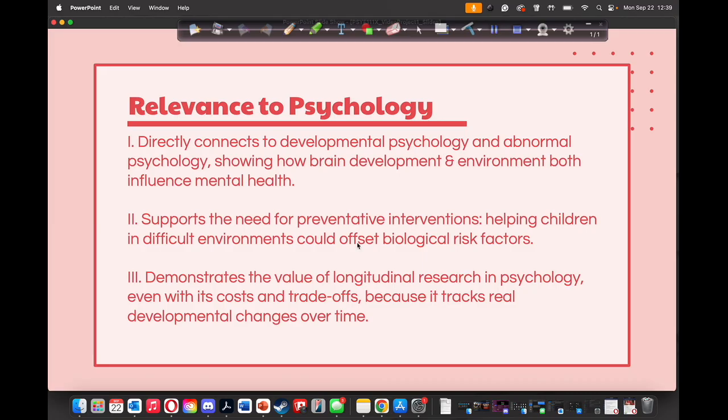I feel like that's more of, I don't want to say common sense, that might be a little bit derivative, but students in difficult environments are already prone to many risk factors, and this kind of solidifies such, I suppose. And third, it demonstrates the value of longitudinal research in psychology, even with its costs and trade-offs, because it tracks real developmental changes over time.